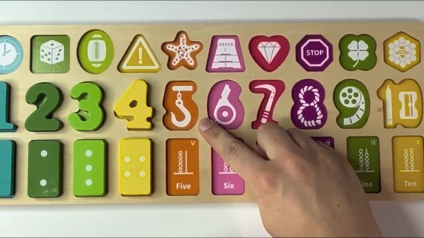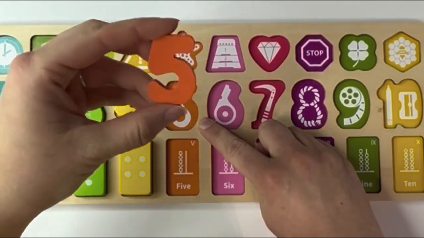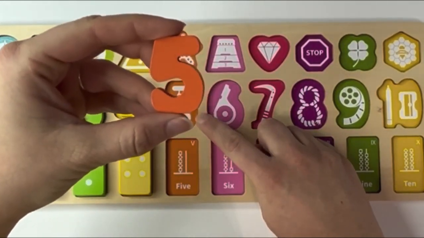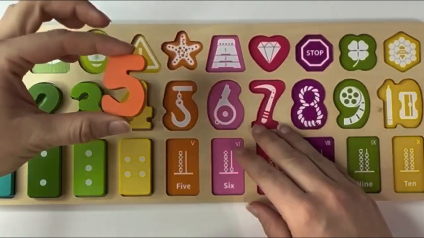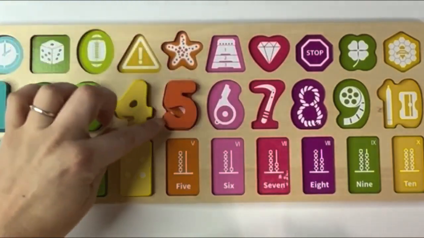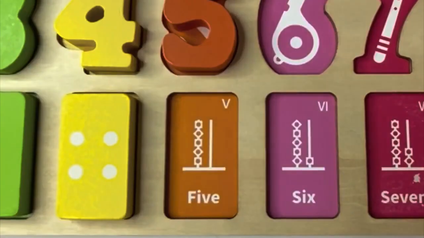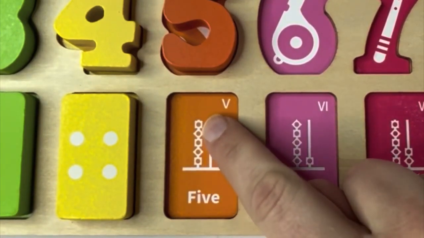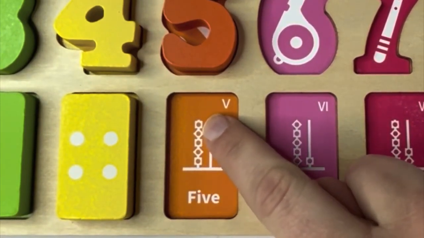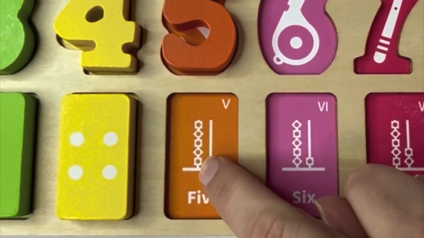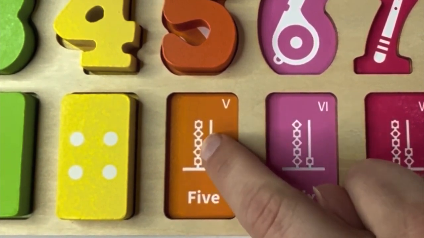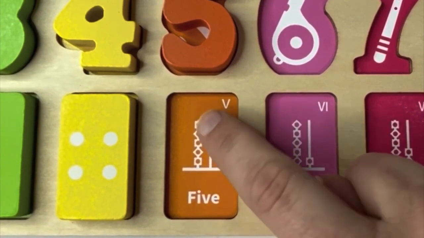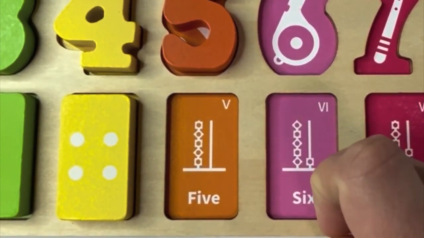5. That's right. If we take a close look at 5, it looks like this. 5. Can you say it with me? 5. Look at our cubes. They went all the way to the top now. Can you help count how many there are? 1, 2, 3, 4, 5. There are 5 cubes.